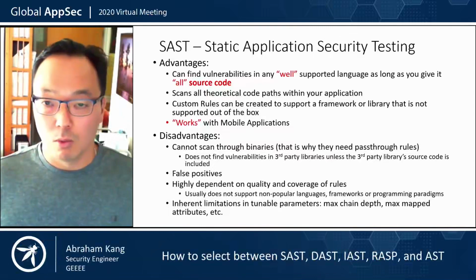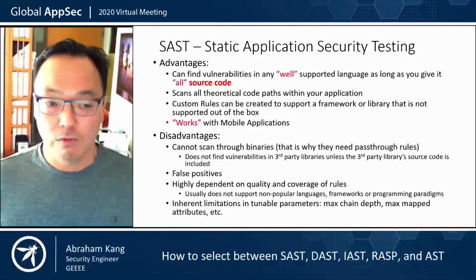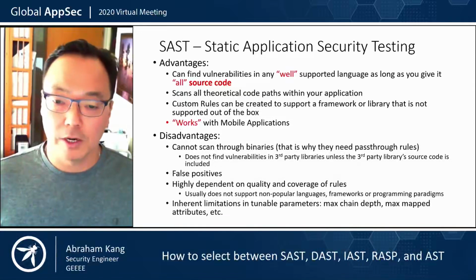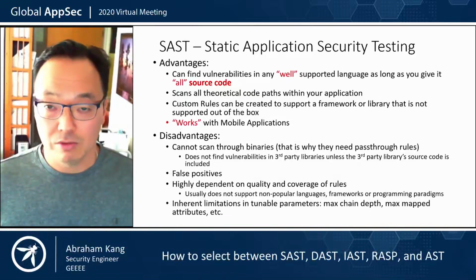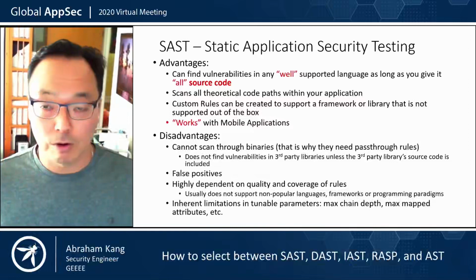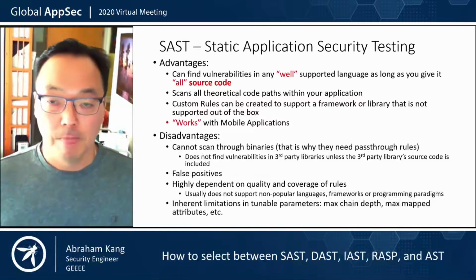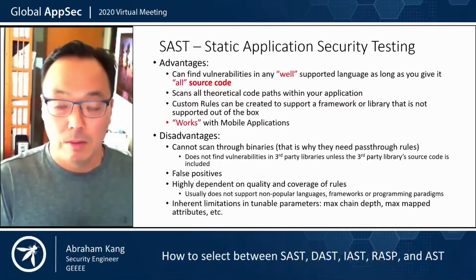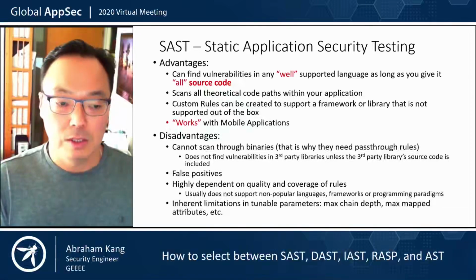The other thing is that it works with mobile applications as well. From a disadvantage standpoint, it cannot scan through binaries unless you give it pass-through rules, and it doesn't find any of the vulnerabilities in those third-party binary libraries. There is a modification to this called binary static analysis, but we're going to talk about that next.